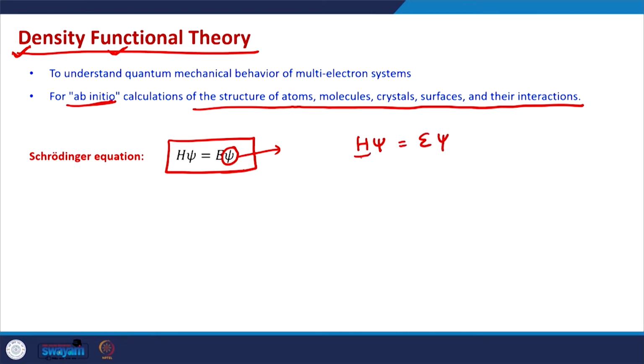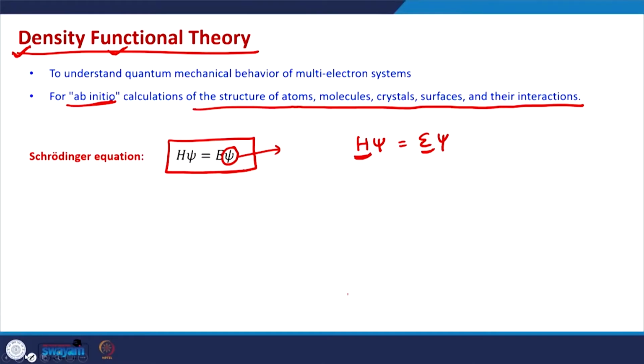It relates the Hamiltonian, which is the total energy operator of the system, and if we operate this Hamiltonian on the wave function of the system, it gives us the energy corresponding to that wave function. So, by solving this equation, we can obtain the various energy states, eigenstates and eigenvalues, energy states as well as the wave functions corresponding to those states.